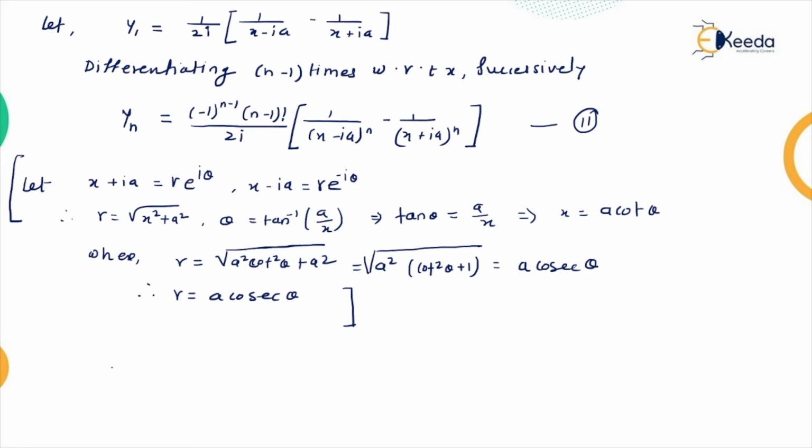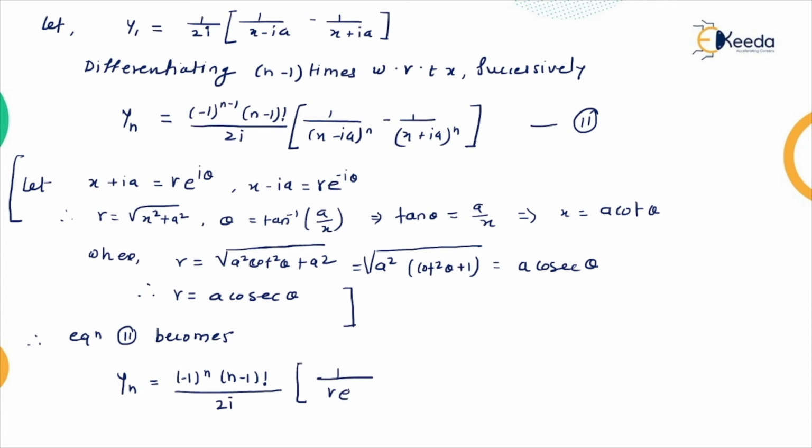So equation 2 becomes yn is equal to (minus 1) raised to n minus 1, (n minus 1) factorial upon 2i, in brackets 1 upon (r into e to the power minus i theta) whole bracket raised to n.